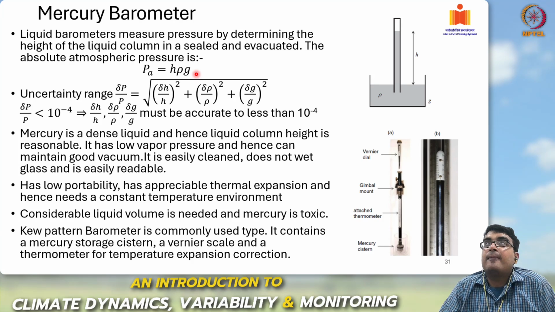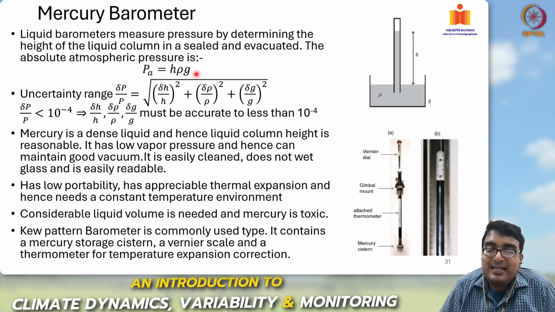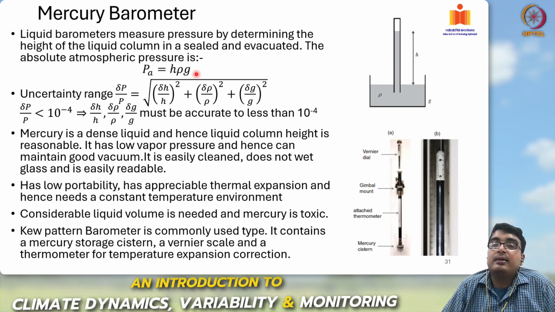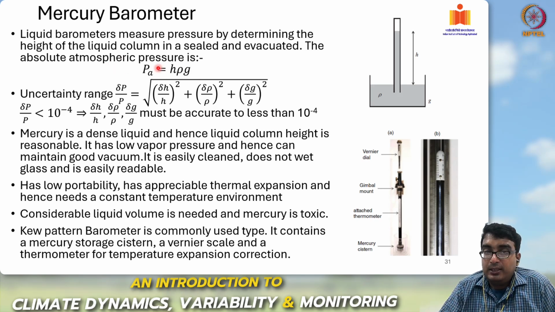This, as you can see, is a relatively simple principle by which absolute pressure of atmosphere can be determined at any given altitude. One of the concerns here is the pressure measurement is a multiplication of three individual measurements: the height that you are measuring either manually or through a readout, the density of mercury, which you should know very well, and the gravitational acceleration at that altitude.